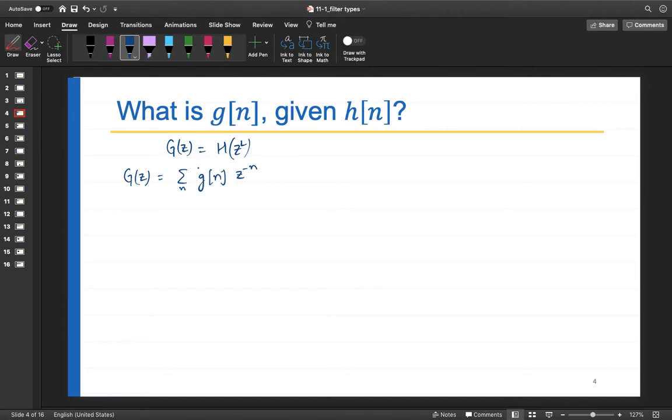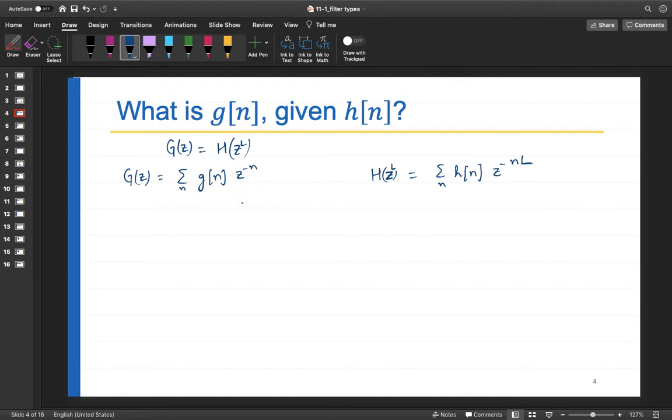Now on the other hand, my H(z) is equal to summation h[n] z to the power minus n. So now let us see what is H(z to the power L). So this becomes simply z to the power minus nL and summation over all n. So what do I need here? I need a factor n here.